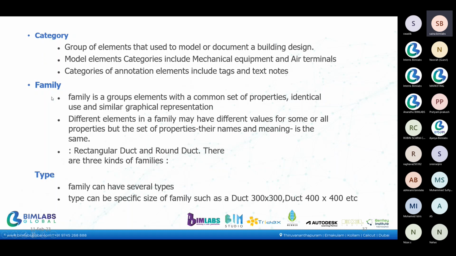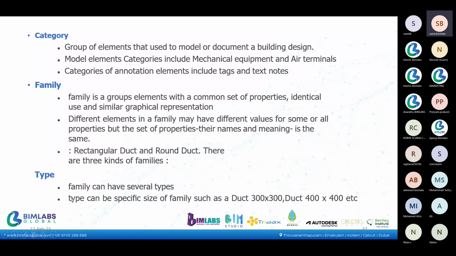And next, a family is a group of elements with a common set of properties and identical uses. I already said the duct is for the same purpose and has a similar graphical representation, only the shape or any other value is different. That is called the family.